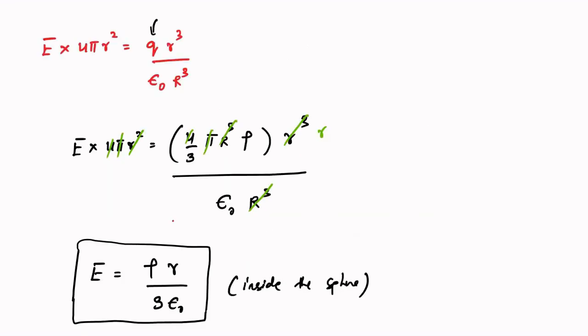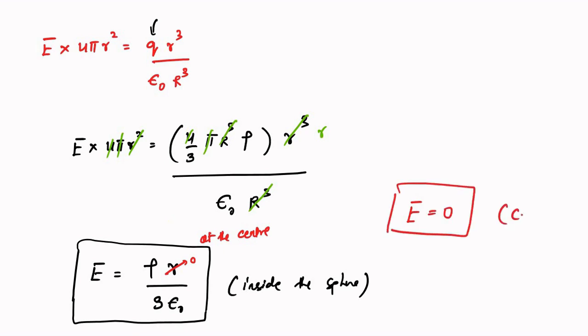So if you substitute small r with 0, the electric field will be equal to 0 at the center of the sphere.